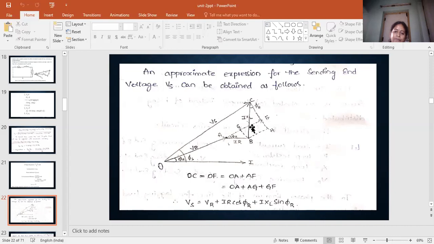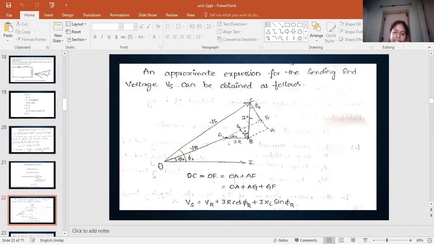Here OF can be rewritten as OA plus AF. AF can be subdivided into AG plus GF. Here OA is nothing but VR. Substitute the value, and in the place of OC, substitute the value of Vs plus AG.